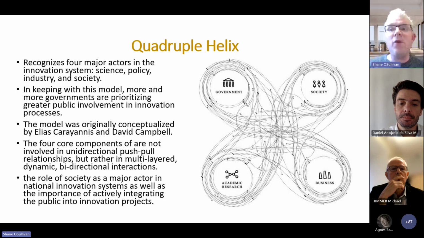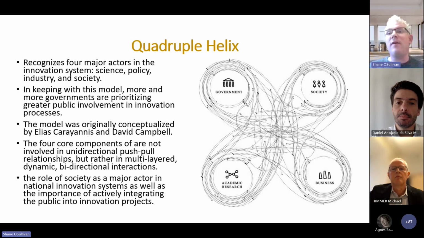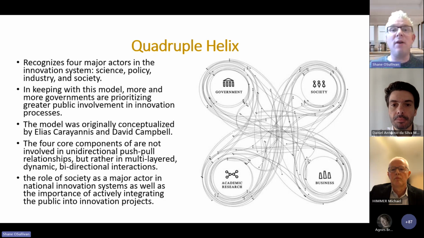All key partners coming around the table to solve a problem or challenge within a particular community or within a region.